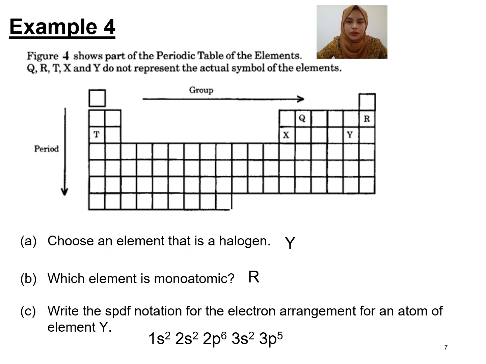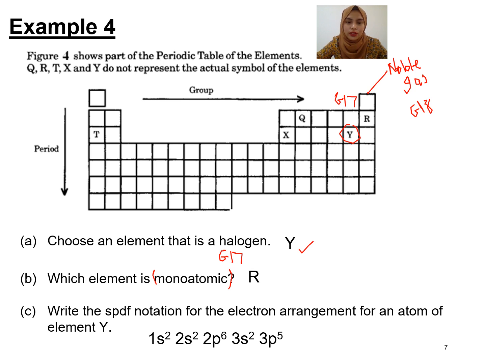Okay, so halogen berada pada group 17. So group 17 Y je ada. So elemen yang halogen adalah Y. Next, which element is monoatomic? Monoatomic adalah atom yang single saja, which is kebanyakannya di noble gas. Noble gas which is in group 18, therefore the monoatomic element adalah R.